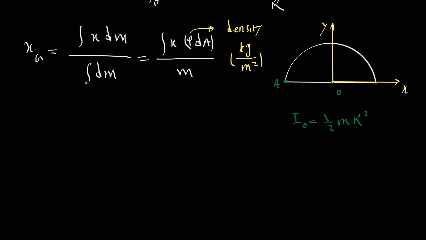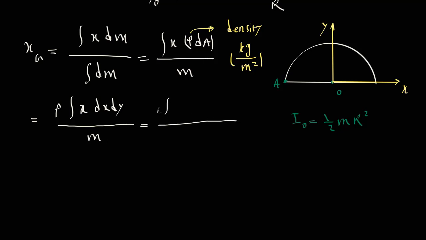Now that we have this, and rho is a constant here, because we are assuming that the mass distribution is even, this would be equal to the integral of rho x dA, and for dA I can say that this is dx dy, over m.